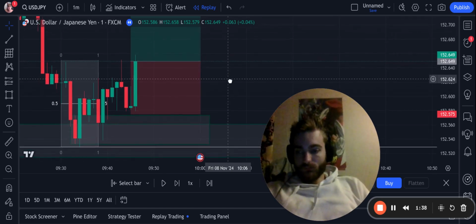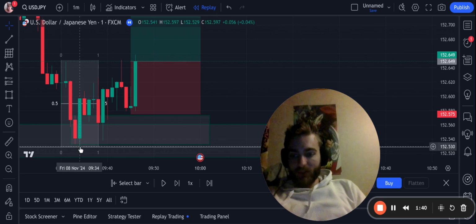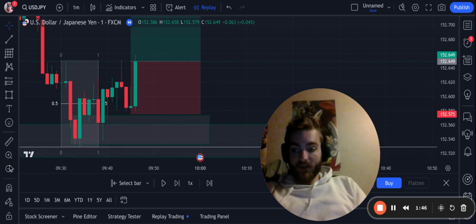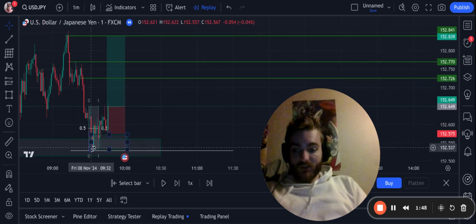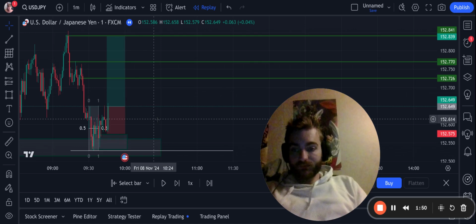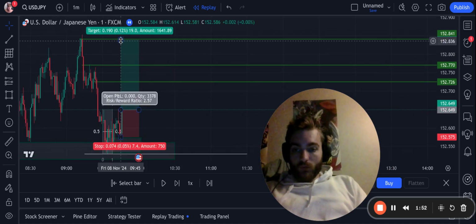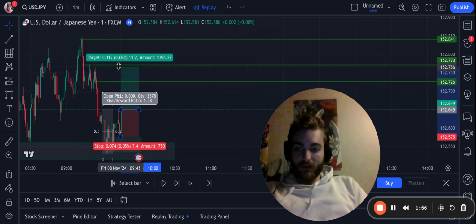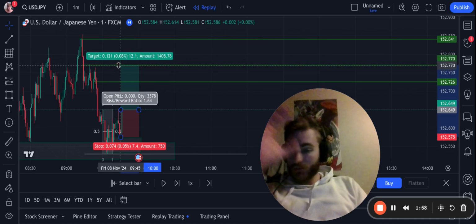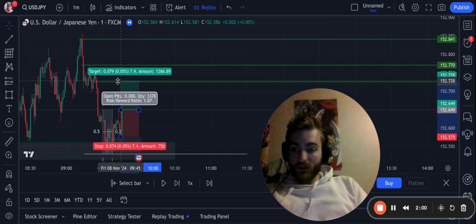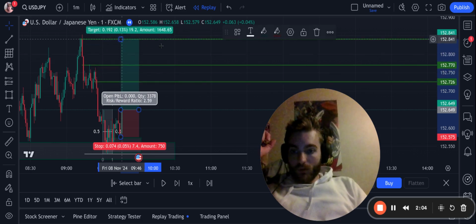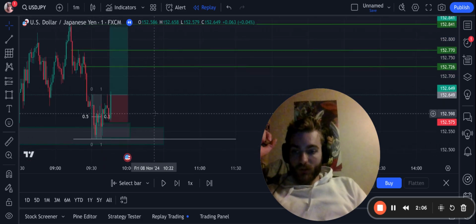So I didn't put my stop all the way down here, which is technically where price invalidates the trade, or the trade is invalidated if price closes below this low here. So we got a 2.5 risk reward trade at the top. You have a 2.5 or 2.6 risk reward on the second TP, and we have a 1 risk reward on the first TP. So let's see what happens.